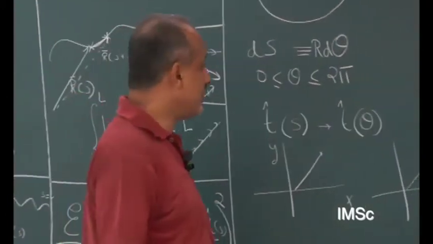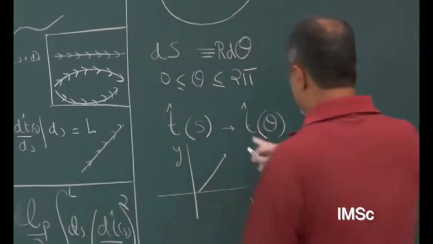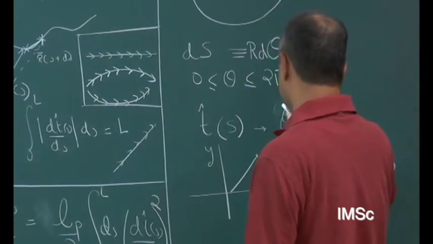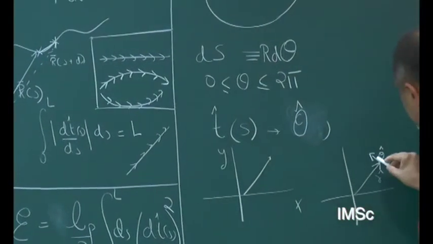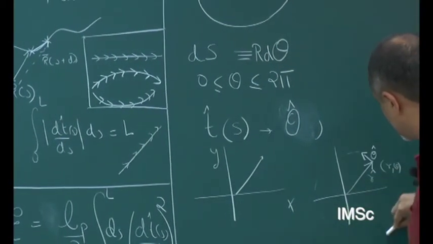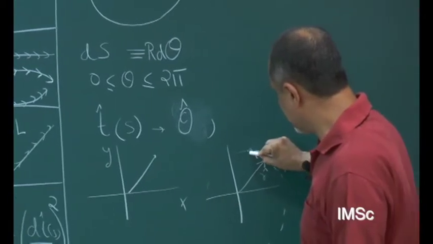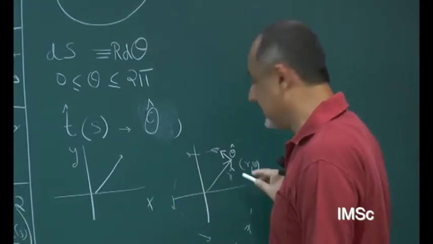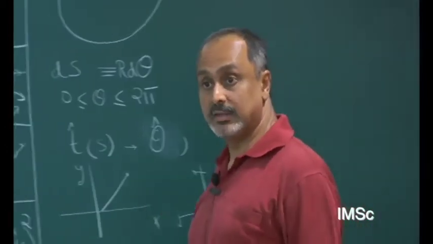Okay? So now you can see, just looking at this, that the vector t hat here is essentially the same as theta hat, because that's a vector that is always tangent to this particular curve here. And it's a unit vector by creation, and therefore it must point in the theta hat direction.